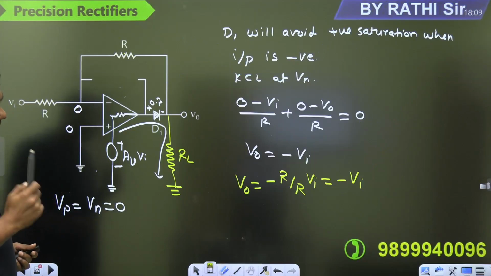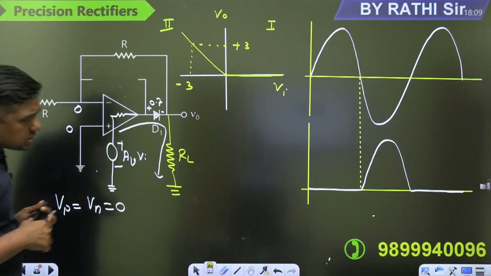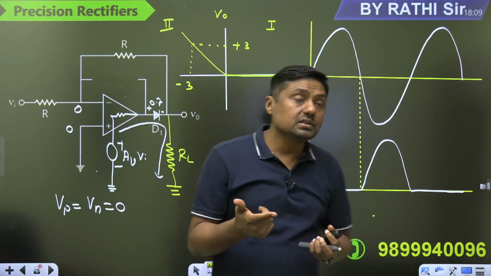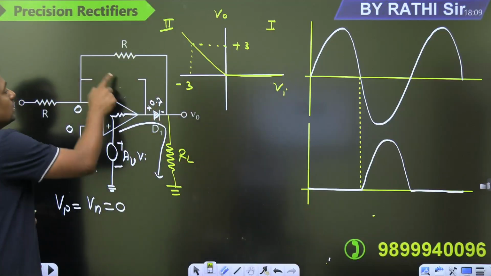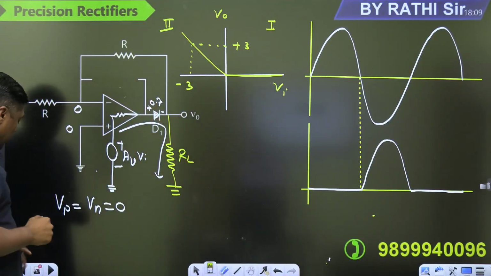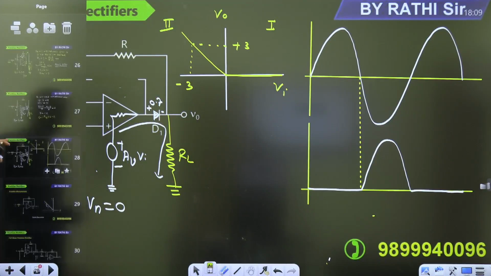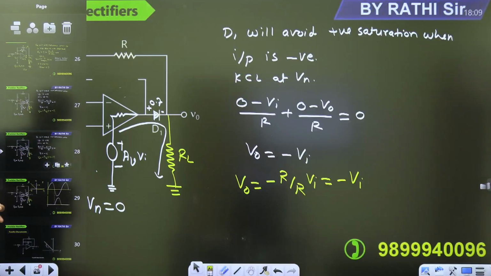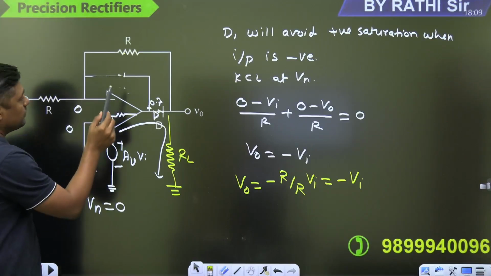Then guys, finally, what was the problem with that? PIV. But in the second case, this diode is reverse biased. So what is the PIV for this diode? This is a very important question. What is the PIV for the second diode? Now you can calculate it.